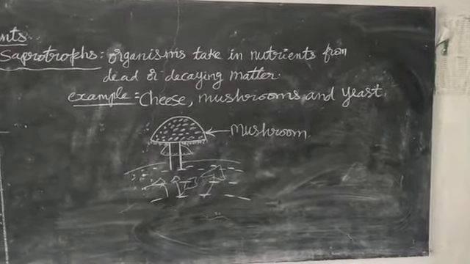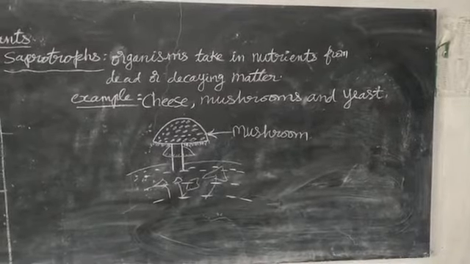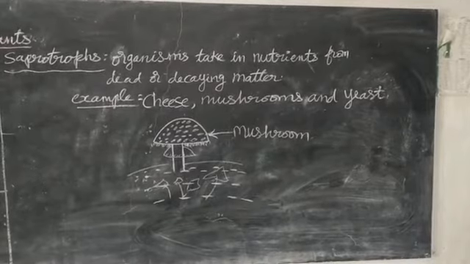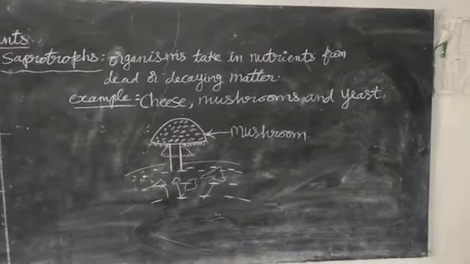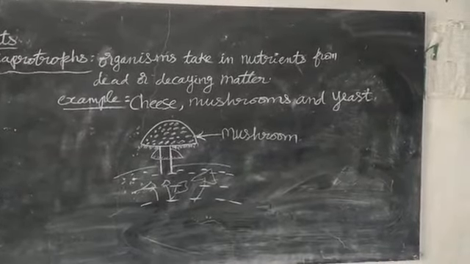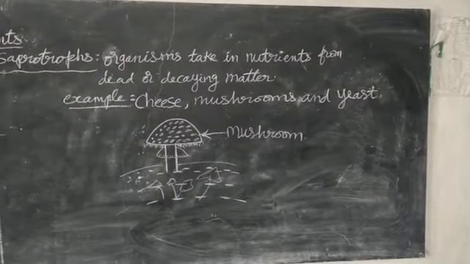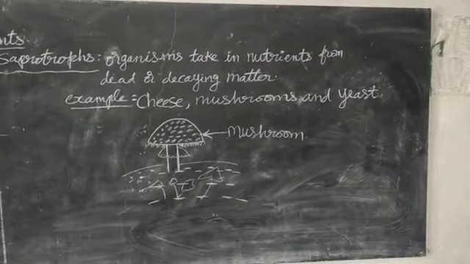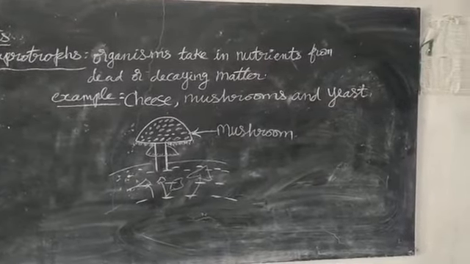In villages people know what is cheese. In a bakery also you will get cheese. It is edible. You can eat that cheese. Very tasty. Next, mushroom. Some mushrooms are edible. They contain vitamins and minerals. Very good food, mushrooms.